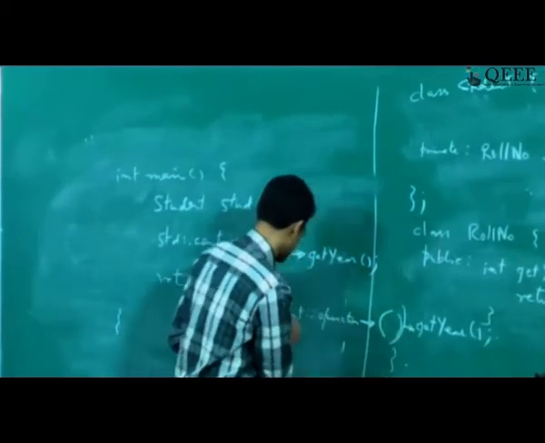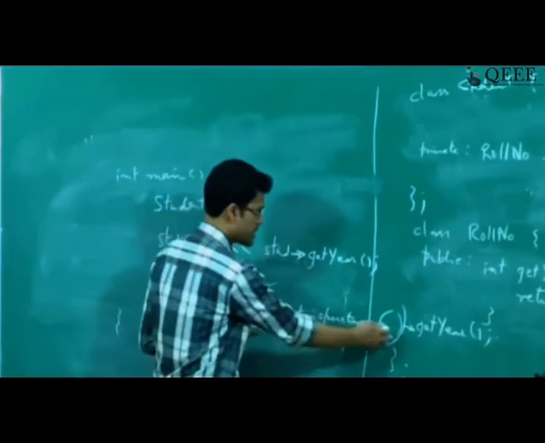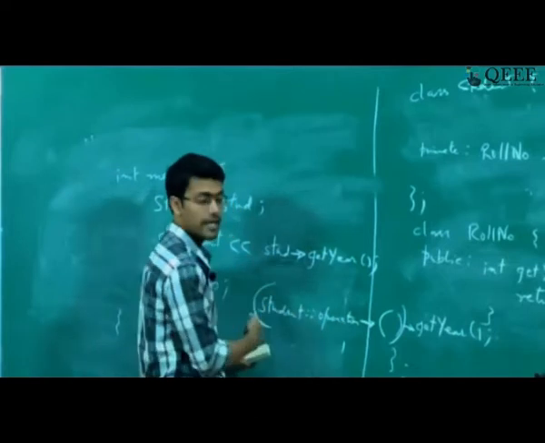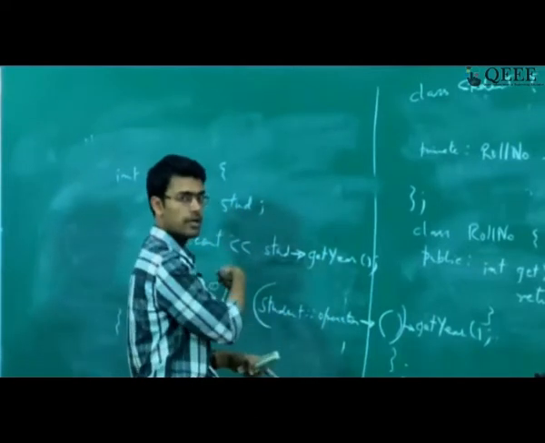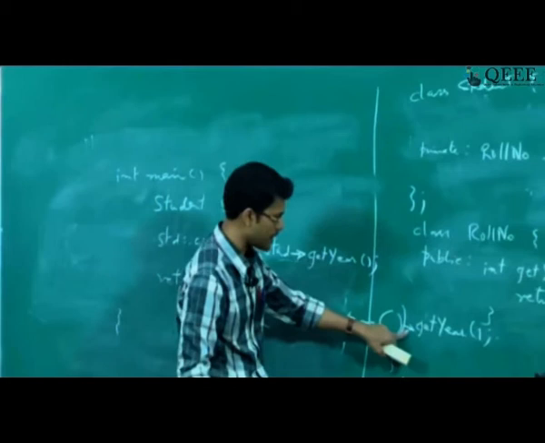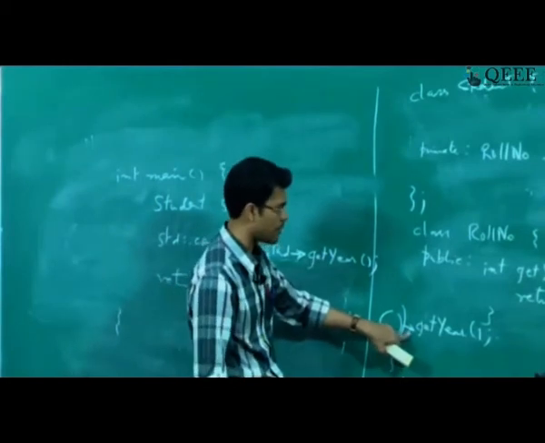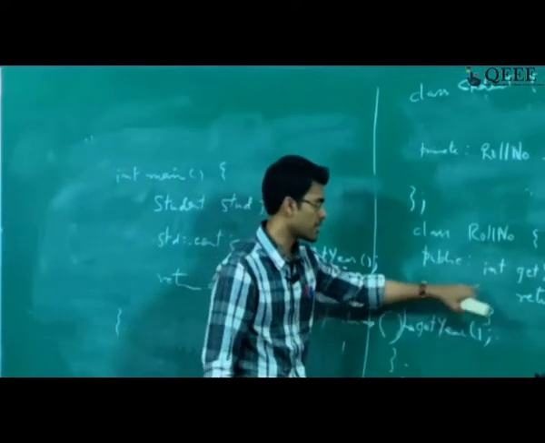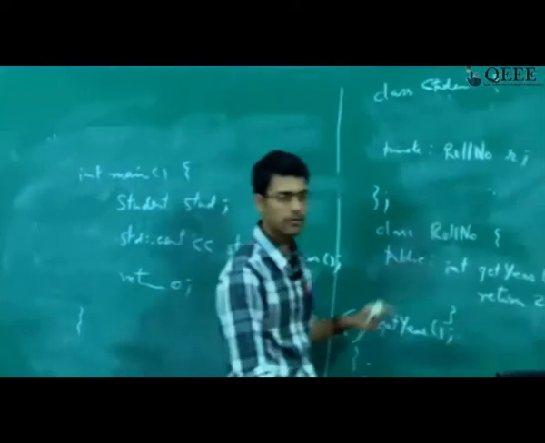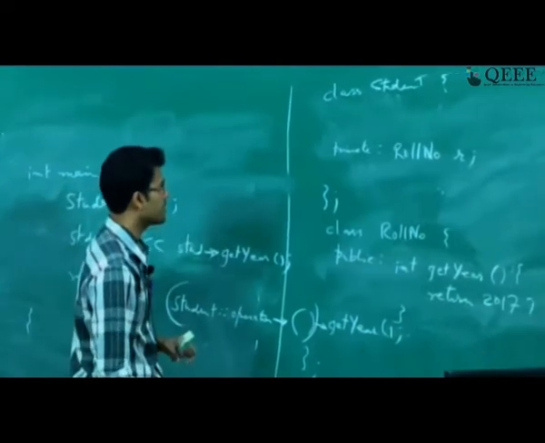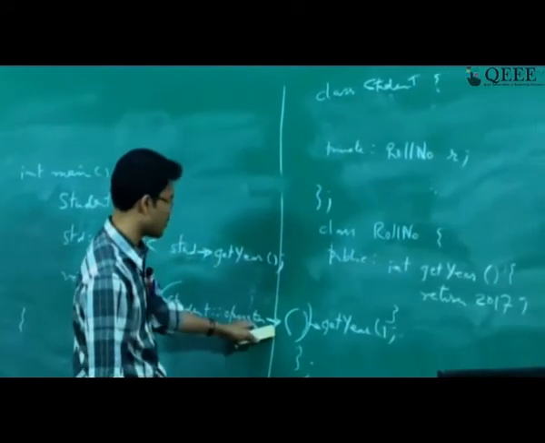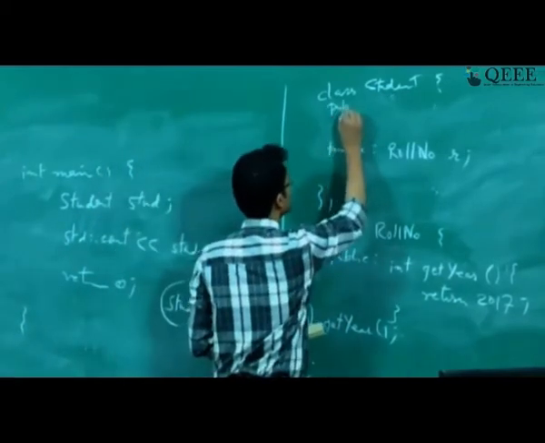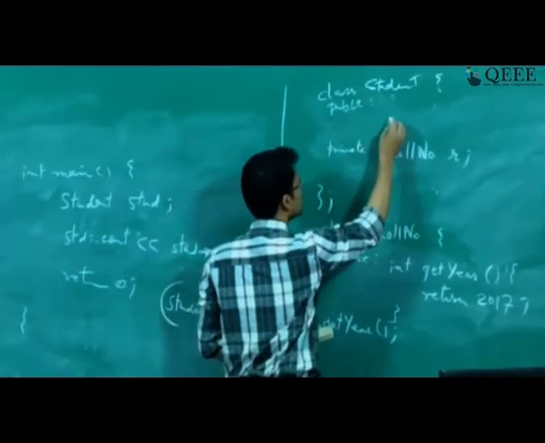In fact I should say this is also an arrow. So we can do some magic here such that this arrow operator is going to return the roll number instead. Then the language can apply the arrow operator which is defined for the roll number onto the getYear, as long as getYear is a public function. So let us see if I can do that, and for that I need to overload the arrow operator inside the student class, and that should be public because main is calling it.